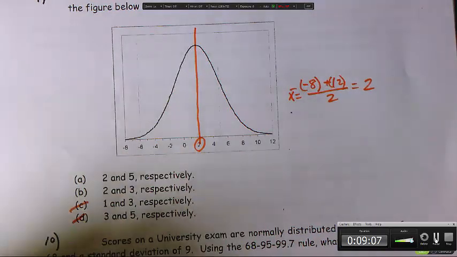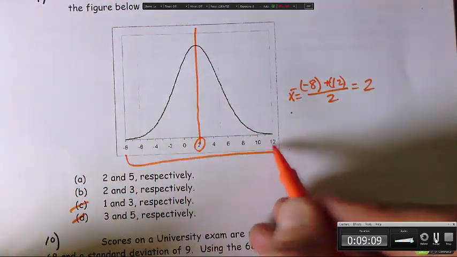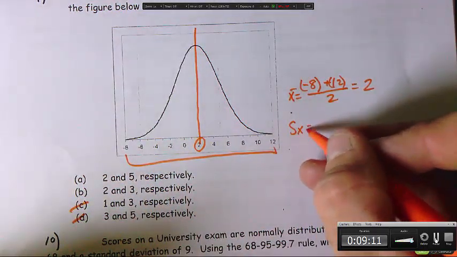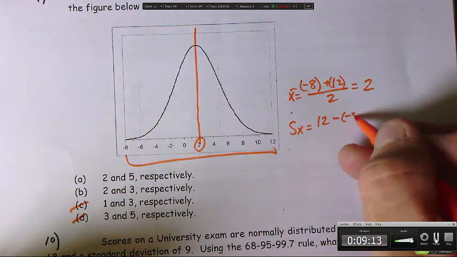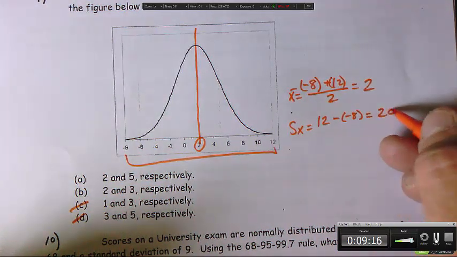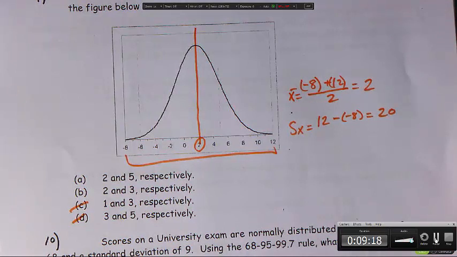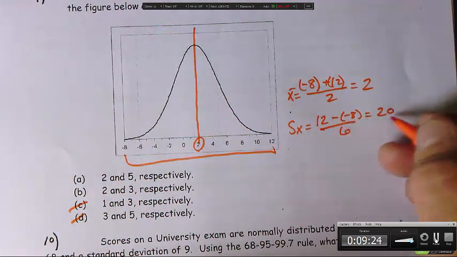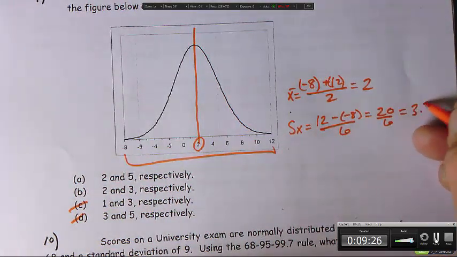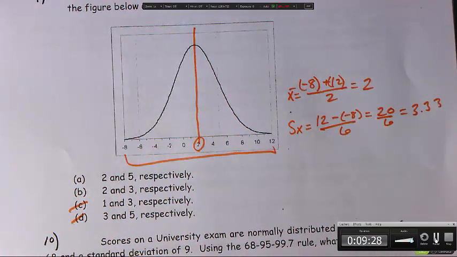And then to find the standard deviation, you take the highest, take away the smallest. So that means the total spread of the curve is 20. And the entire curve covers how many standard deviations? 6. And you get 3.33 repeating. No, you don't. Yeah, you do.